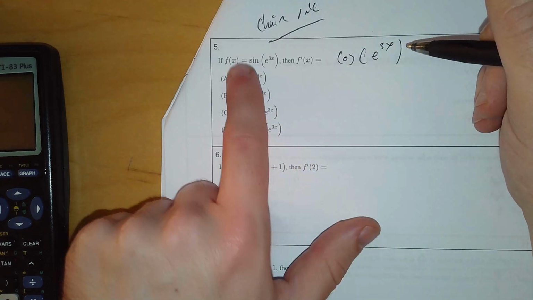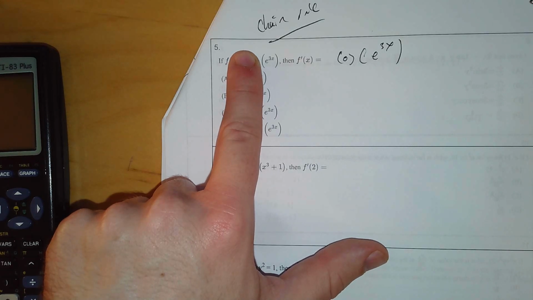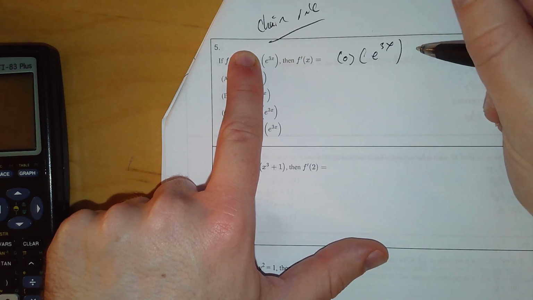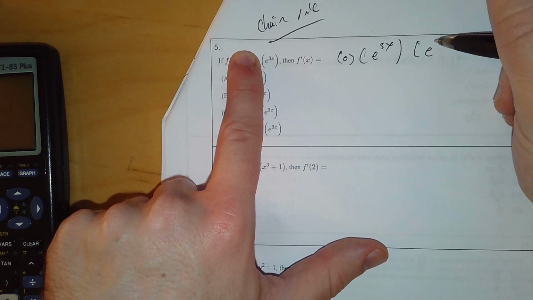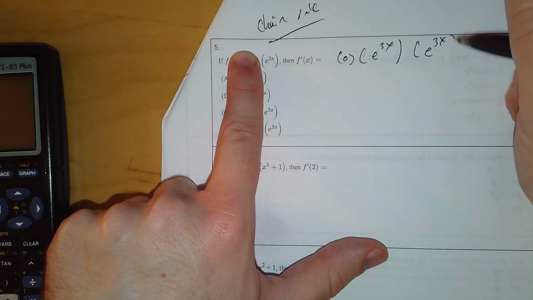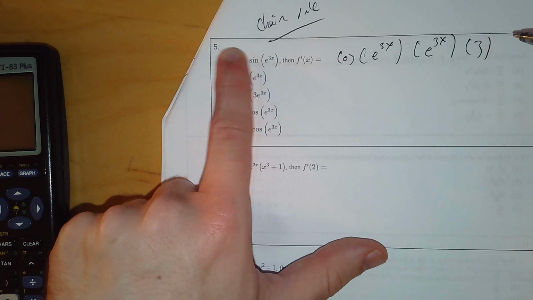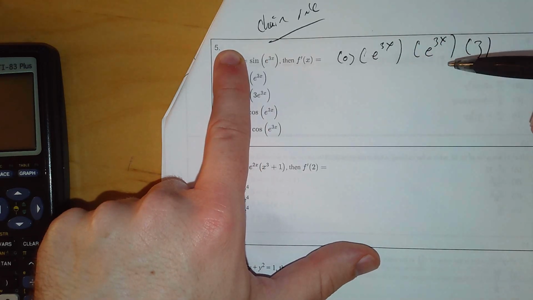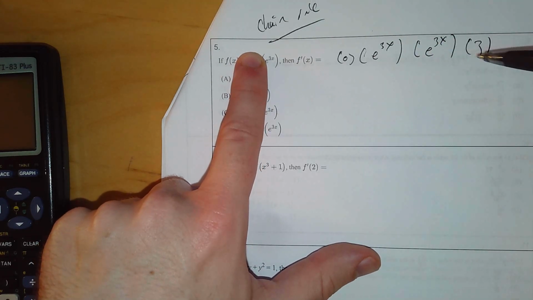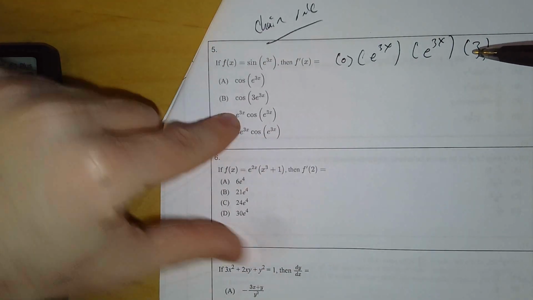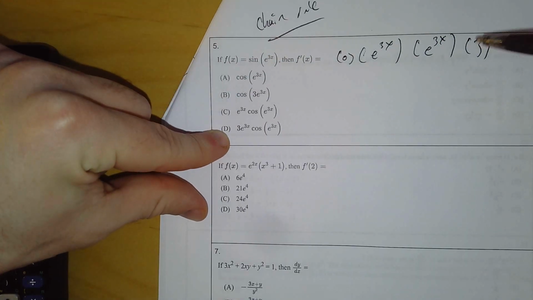All right, that layer is gone. Now we are at e. Derivative of e to the x is just the same thing, e to the 3x, and then we're just at the 3. It's just 3, right? So we start at sine is cosine, then e to the 3x, then we got the 3. So we look for that here. It's right here. It's D.